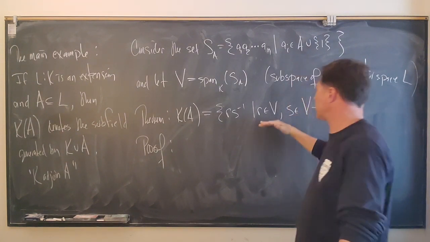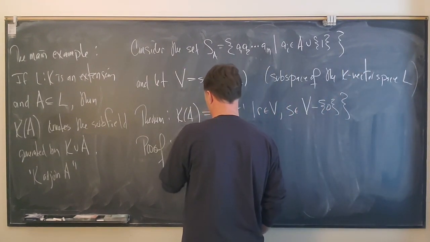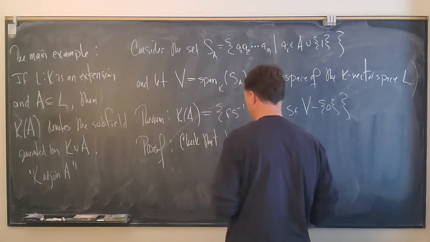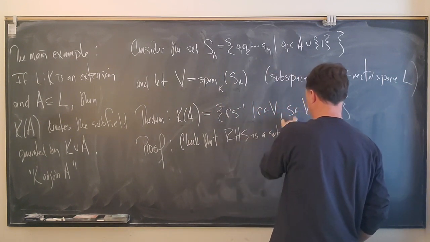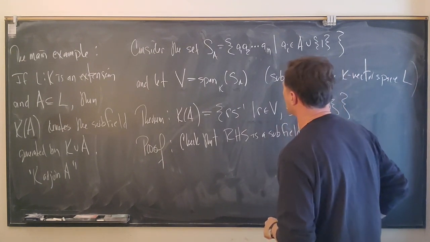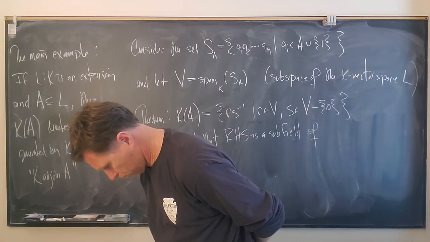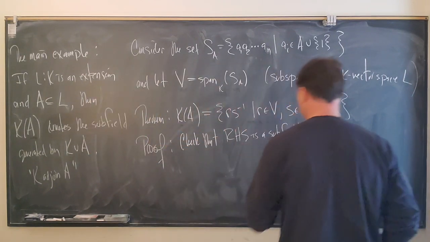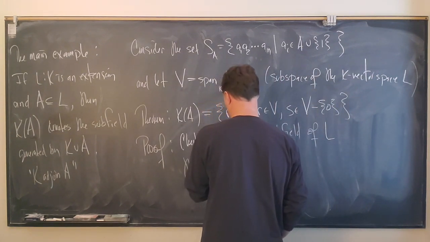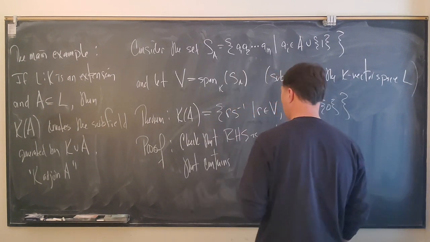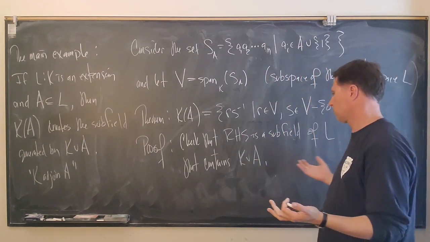The first thing you need to do, and I'm just going to leave this as an exercise, is to check that the right-hand side is a subfield of L that contains K union A. It's basically rigged to make this sentence here true.